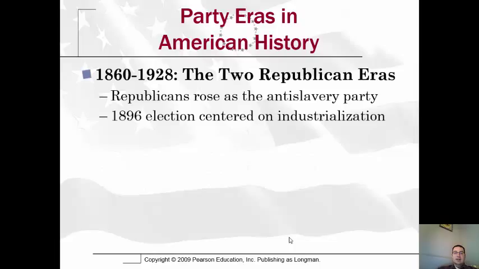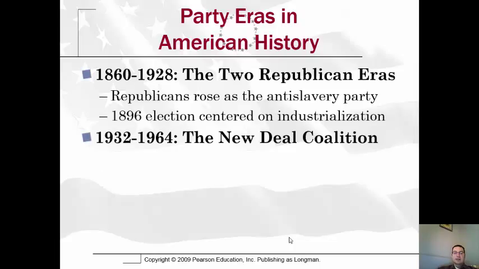And then from 1860 to 1928, it's known as the two Republican eras. So again, Abraham Lincoln's elected in 1860. We see the Civil War, we see the overthrow of slavery.